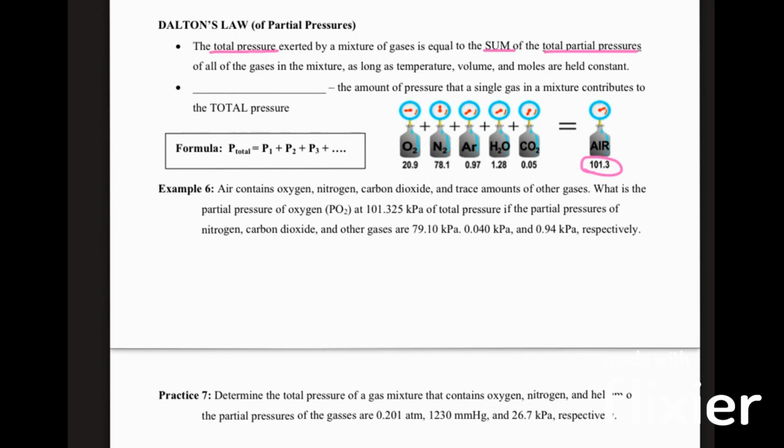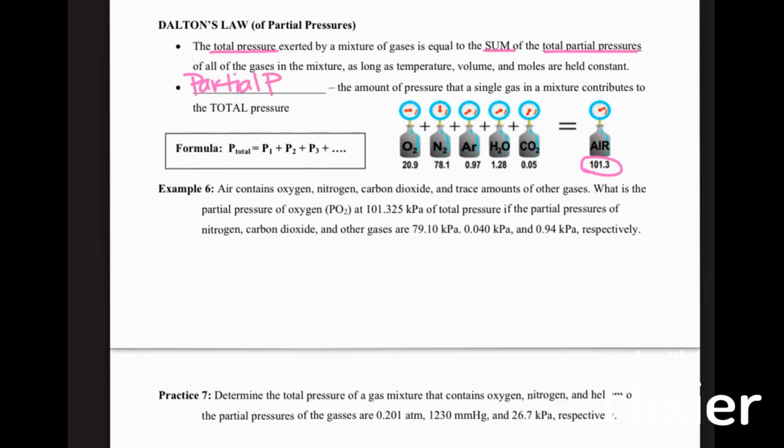So it's fairly easy. The key is they all have to be at the same temperature, volume, and moles, like a closed container. Well, that's going to happen because it's a sample or a mixture. The amount of pressure that a single gas in a mixture contributes is called the partial pressure.